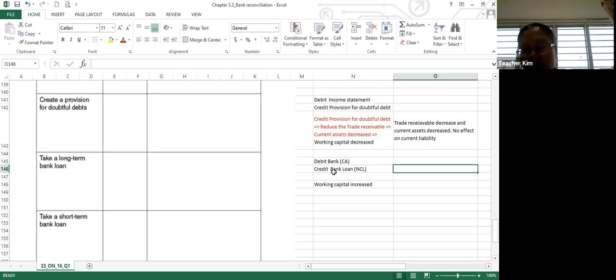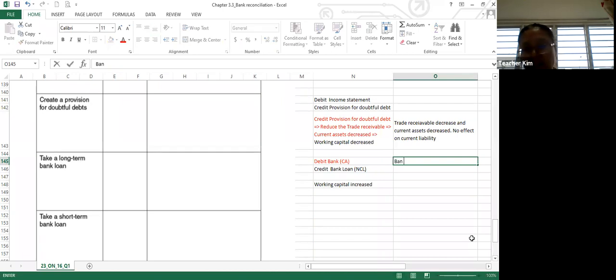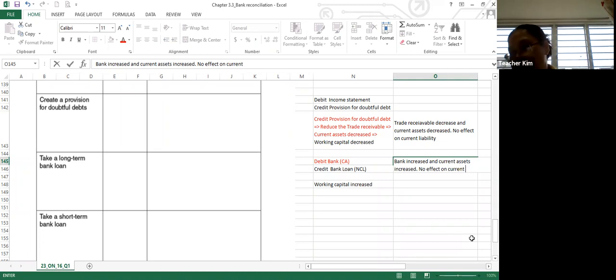Why does it increase? Because of this debit bank. This debit bank increases and current asset increases, so working capital increases. No effect on current liability.